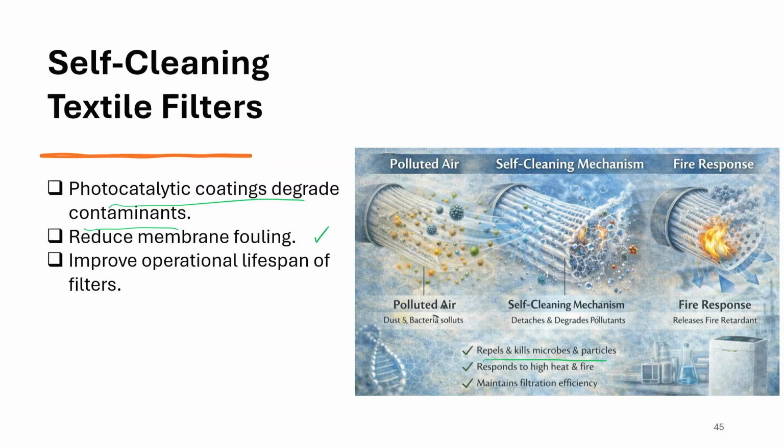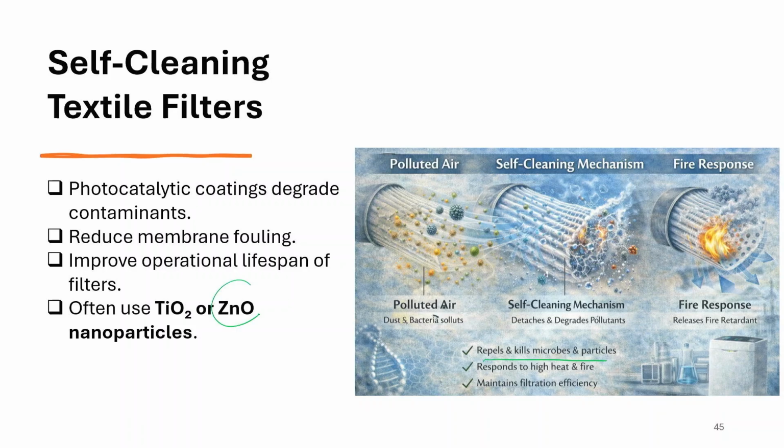It improves the operational lifetime because it is not clogged, as fouling is reduced. So, clogging will be slower, and it will improve the life. Often TiO2 and ZnO nanoparticles are used.